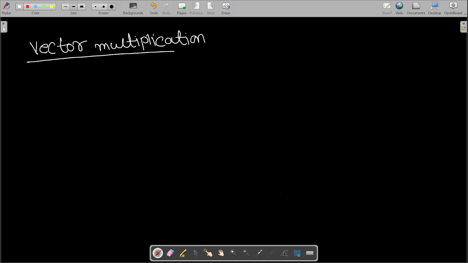Vector multiplication. In vector multiplication we mainly study the dot product, and the second one is the cross product.